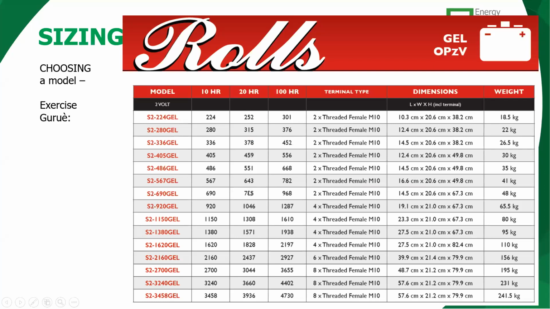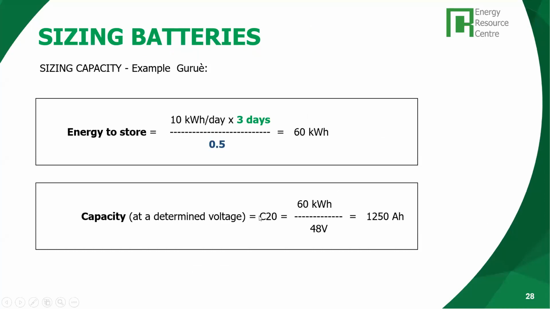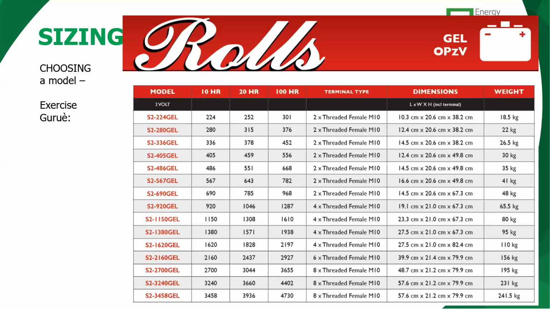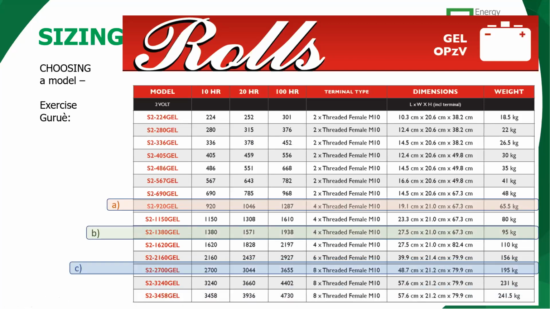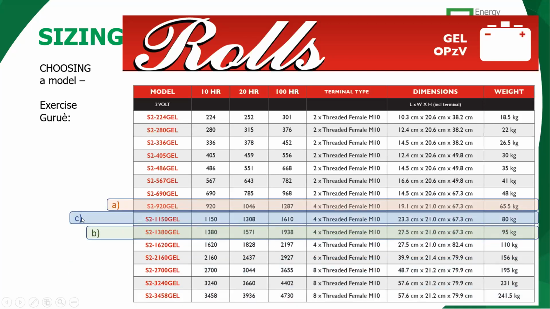And then we look at which model will give me 1,250 amp hours in a discharge time of 20 hours. And we can see it is here, this one, okay? Because we are looking at C20. So it is letter C, this one.